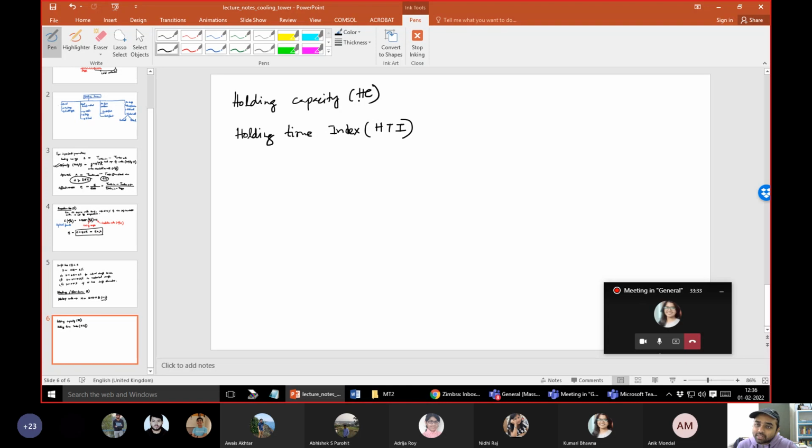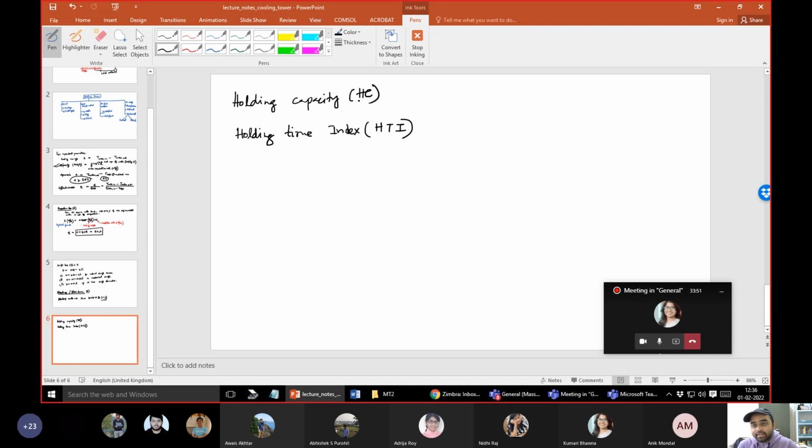And how is this estimated? It is estimated based on the idea that the rate of decrease of the concentration of these dissolved salts at any instant of time is proportional to its concentration. I will repeat it once again.